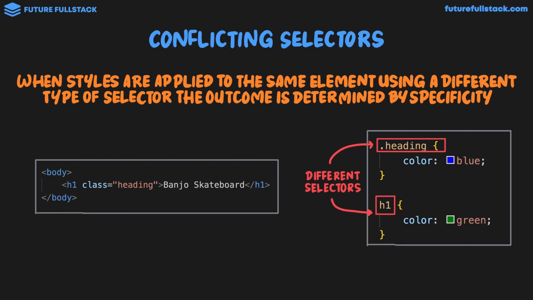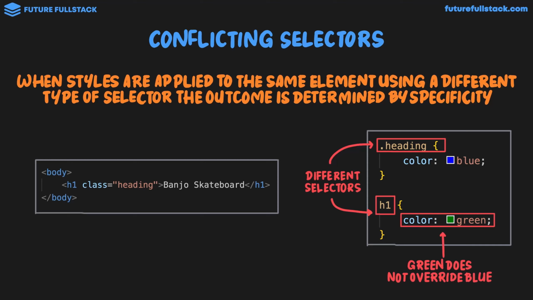Now up until this point, you would say to me that because the type selector H1 with the color green is declared after the class selector, the color of the heading will be green, because we know the nature of the cascade is that styles declared later will take priority. However, this is not the case. The green does not override the blue. And this is where specificity comes into play.